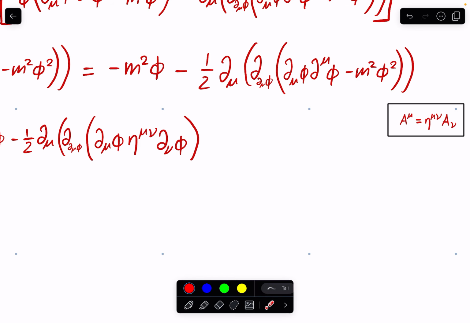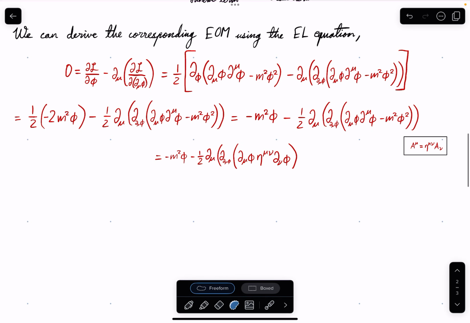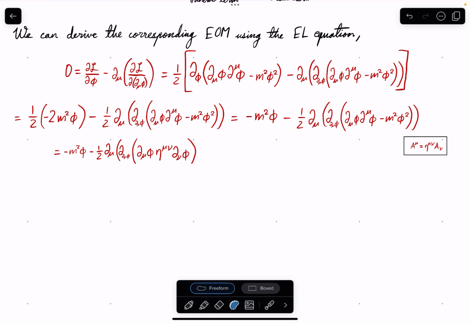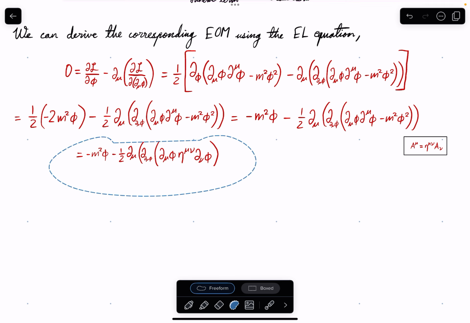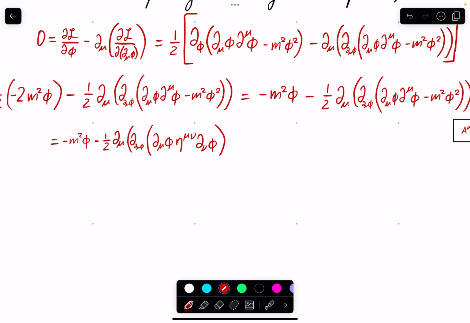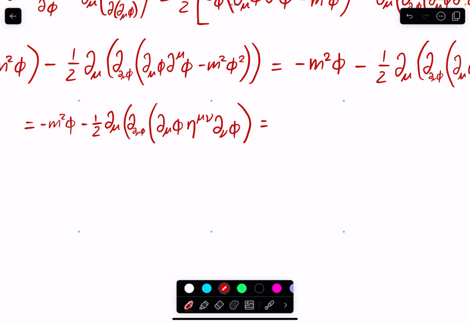But now we have a Minkowski metric in the middle of the equation. And the Minkowski metric is like a constant. It can be moved out. So we can ignore it. So we can get that this is equal to minus m squared phi minus 1/2 the Minkowski metric. Then the gradient.